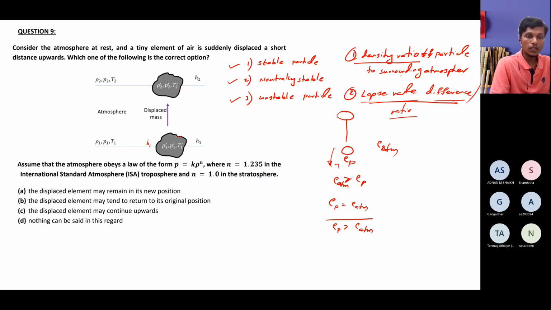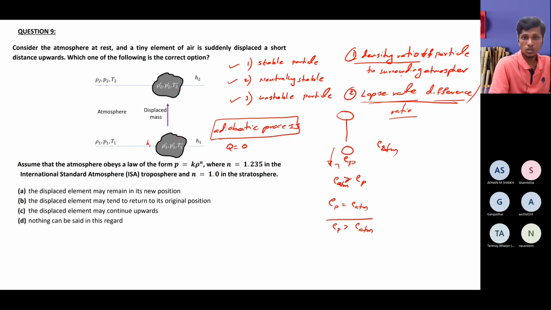If it is not taking any heat, then we call that process adiabatic. In this adiabatic process there is no heat transfer, that is Q equals 0.